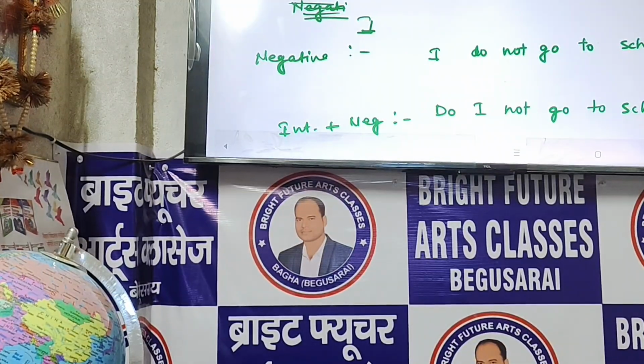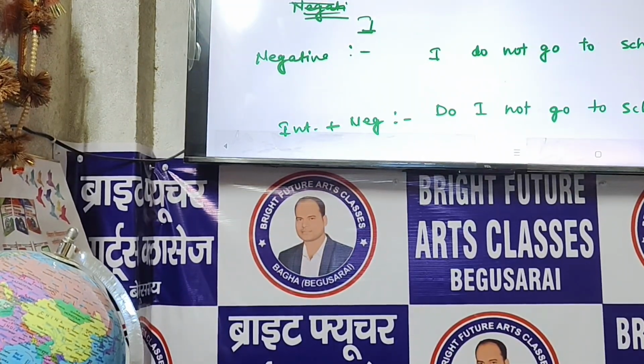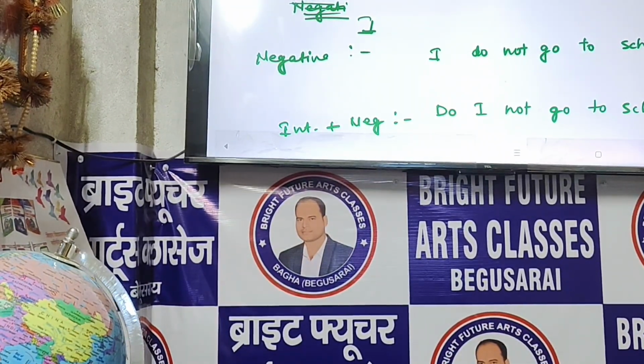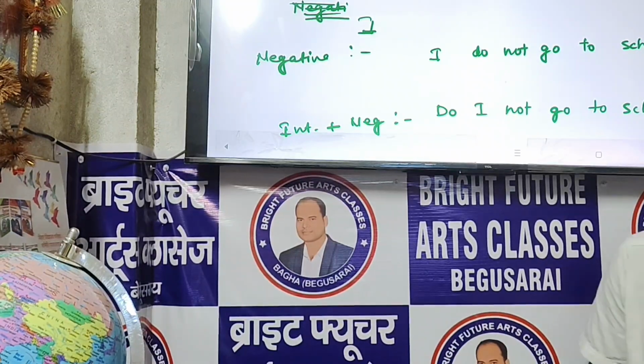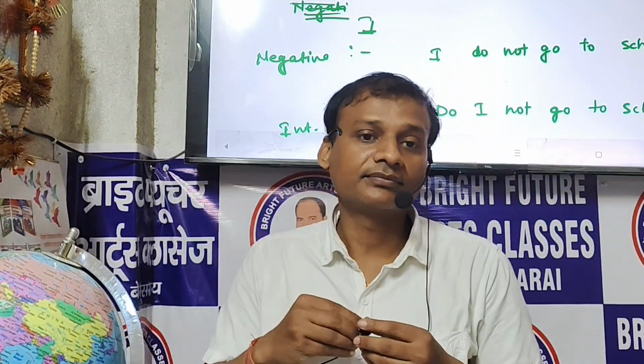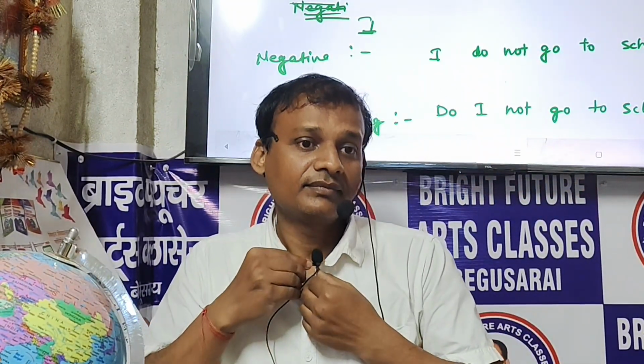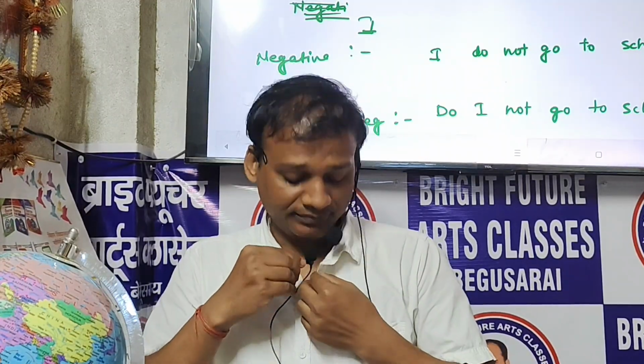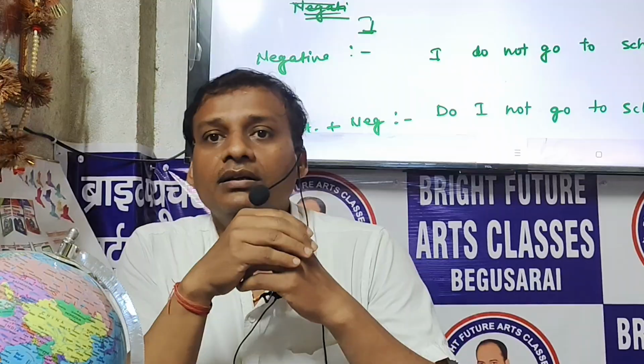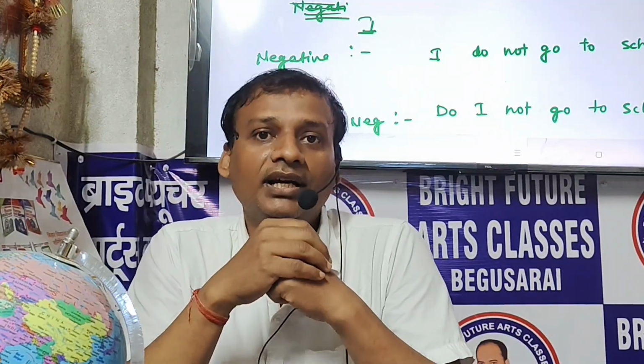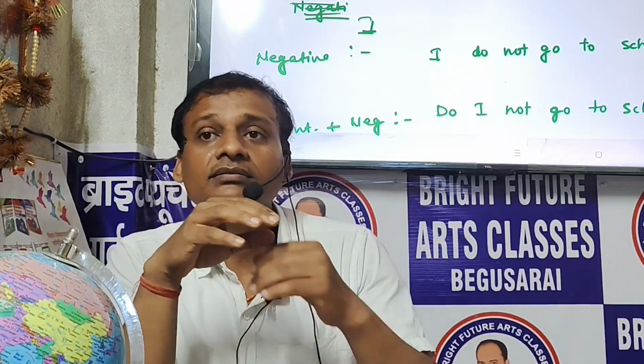And if it is plural, yes, more than one, take the help of do. This is clear to all of you? If you have a doubt, ask me. Anyone, if you have a doubt, raise your hand.